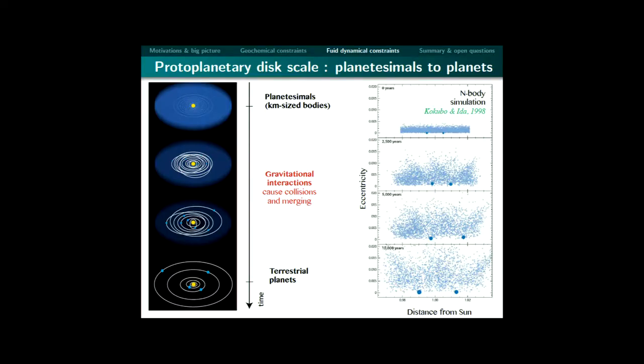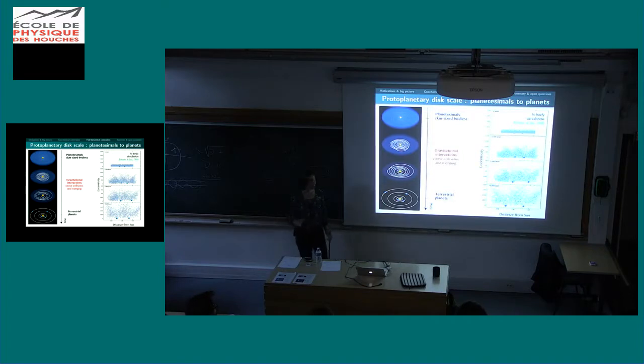But once you have formed kilometer-sized bodies, then you are fine, because we know that gravitational interaction will be enough to explain the formation of terrestrial planets. So, just successive collisions. To study that step, we usually use what we call n-body simulations.